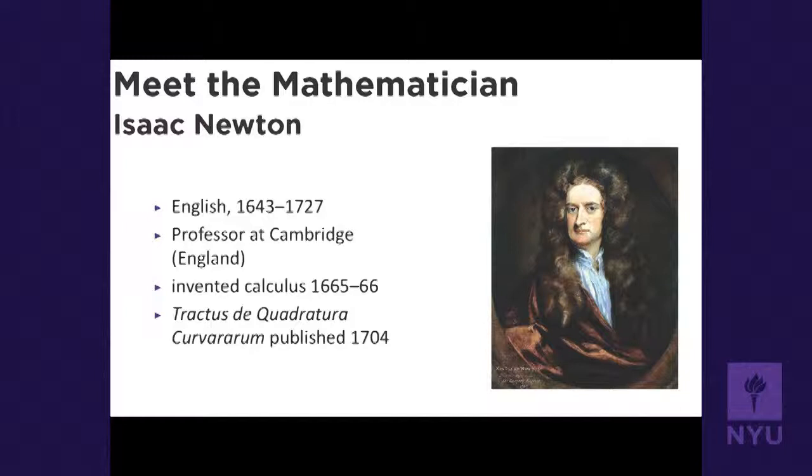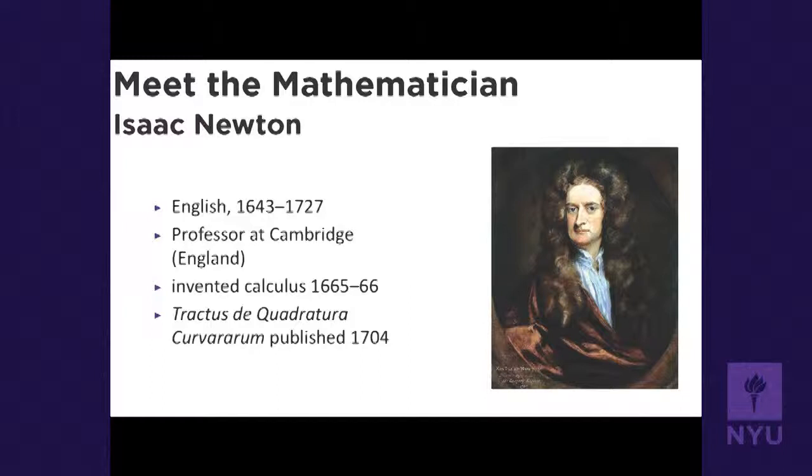In England, in the years 1665 through 1666, there was a massive plague, a bubonic plague, that swept over England, and so the University of Cambridge basically shut down. Everyone went home for like 2 years. And so Newton went back to his farm, and he did some of his best work during that time. He was uninterrupted by, I don't know, students and office hours and things like that. So he just did all kinds of work, and during that time, he invented calculus.